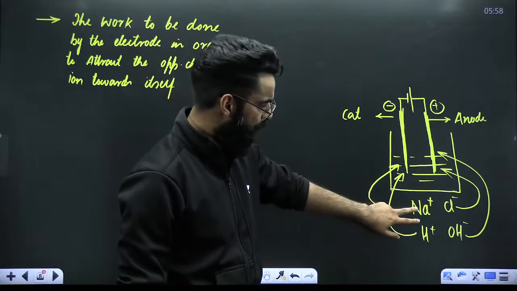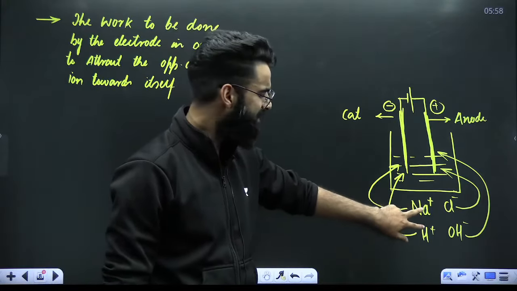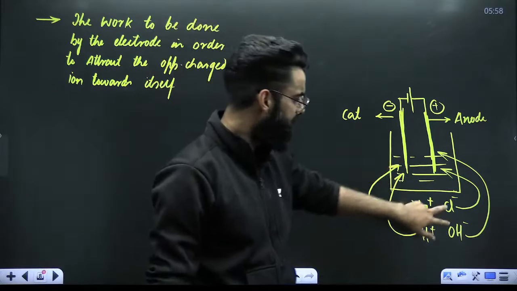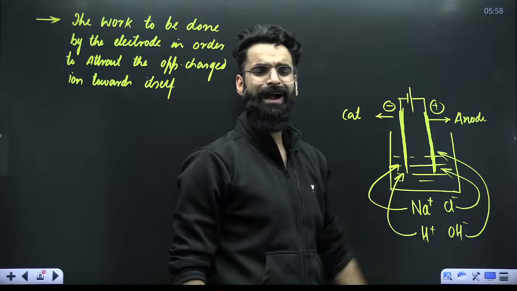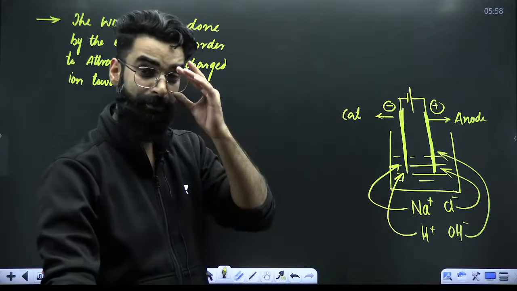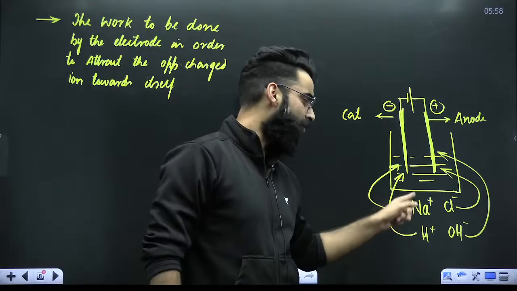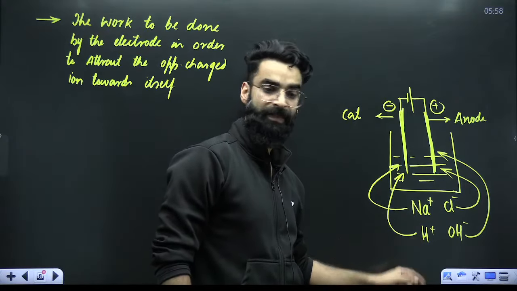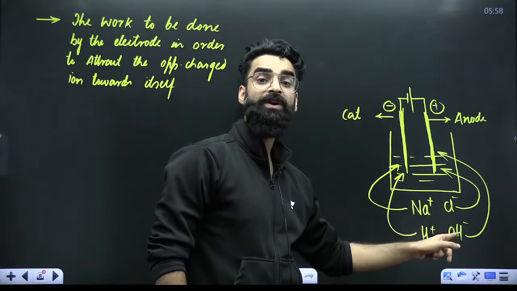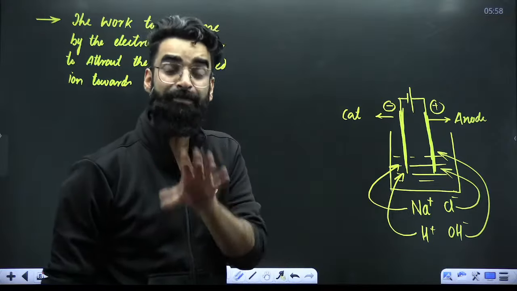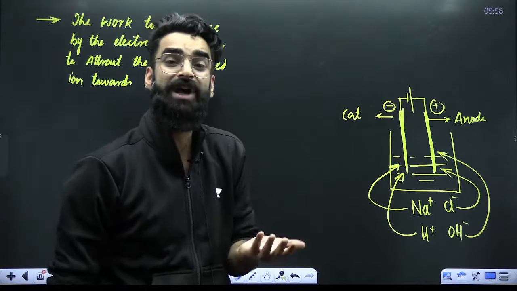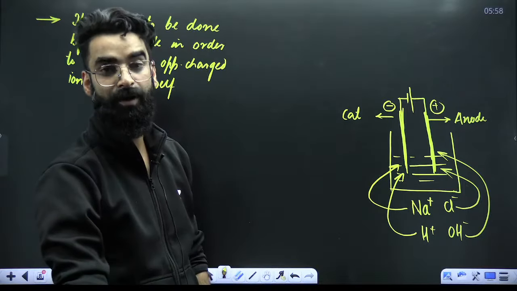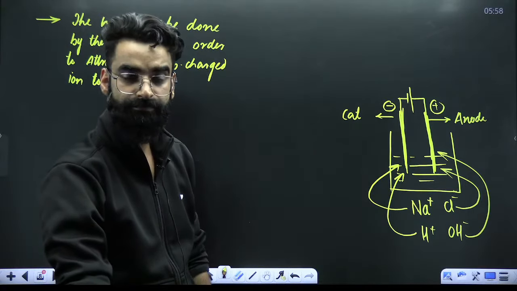Perfect. We have got two cations here. Both these cations would want to go to the cathode and undergo reduction. Similarly, both these anions would want to go to the anode and undergo oxidation. But among these two ions, which one will actually undergo reduction? Among these two, which one will undergo oxidation? That depends on the discharge potential of these ions, right?